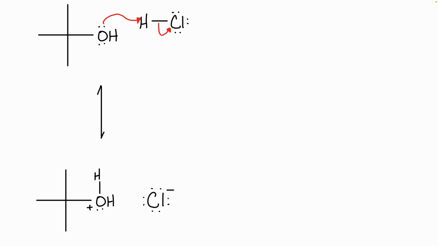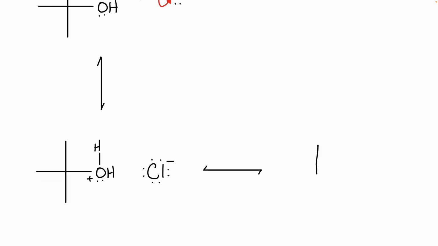All right, so next step here. Generate a carbocation. We still have our chloride ion floating around. Now we also have a water molecule. Let me draw that the normal way.